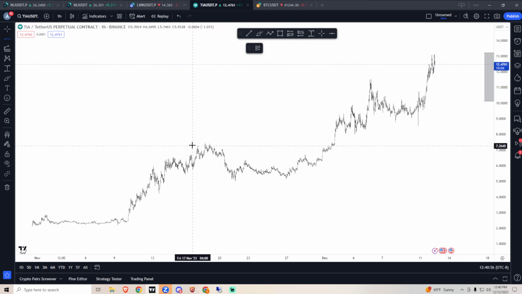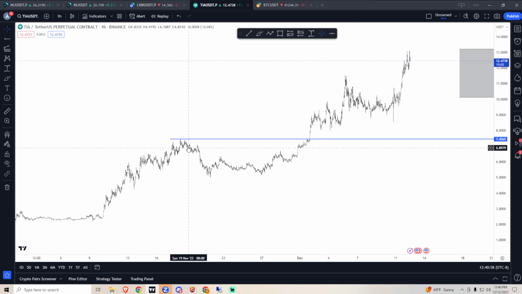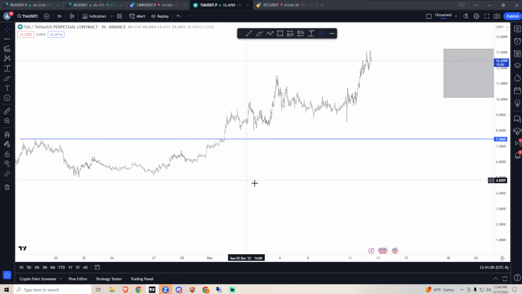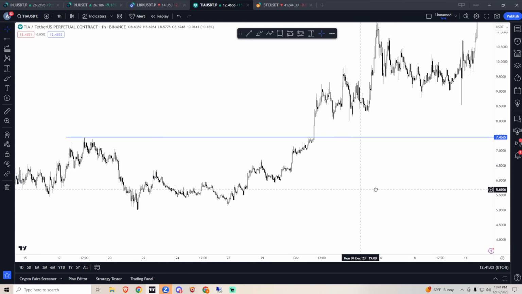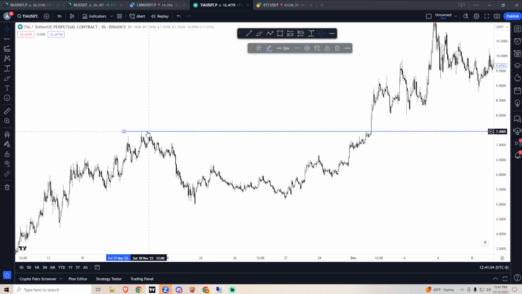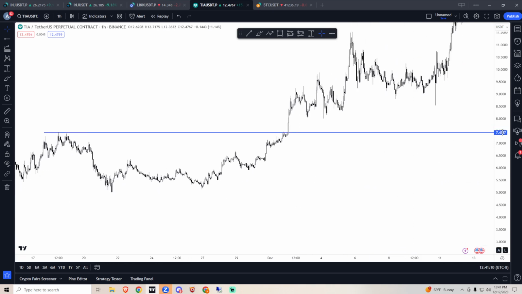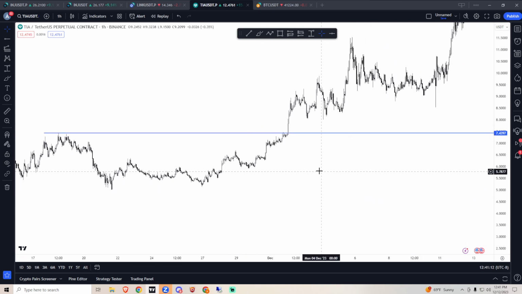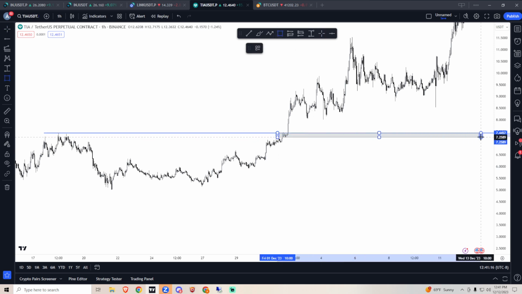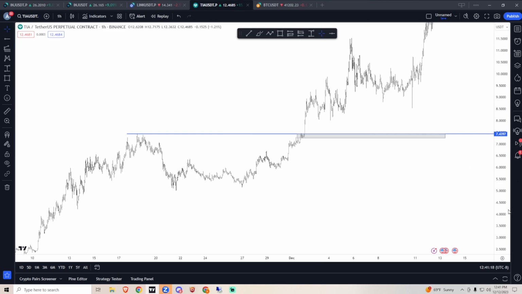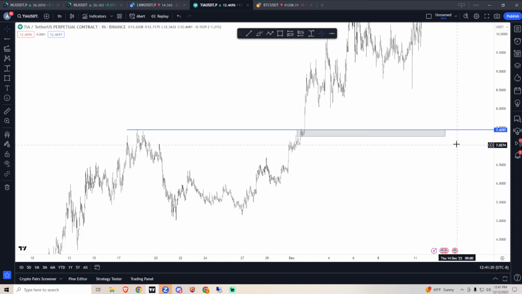I don't think there's much data after this, but here was the previous high, right? Whenever a coin breaks its all-time highs, it just keeps going, okay? So, not saying that price is going to come back to it, but if it does, you have a demand zone here plus previous all-time highs. Great area to add that to your bags.